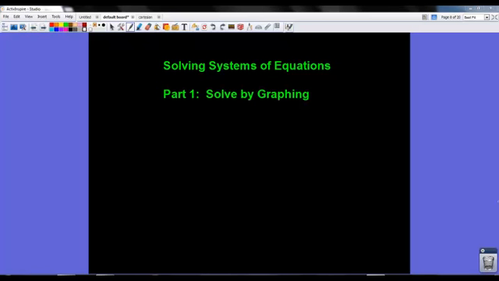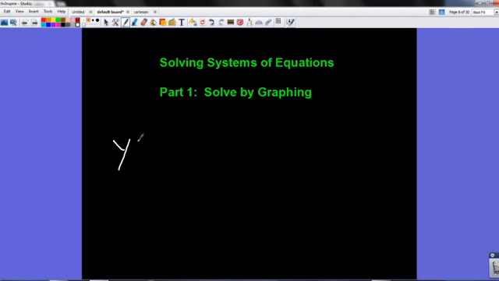So here we're solving something called systems of equations. What that basically means is we have two equations. Something like y equals 2x plus 1, y equals negative x plus 4.